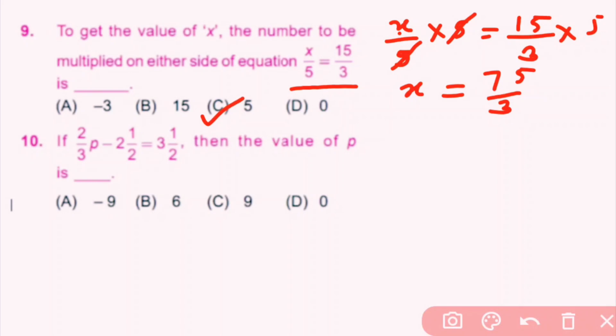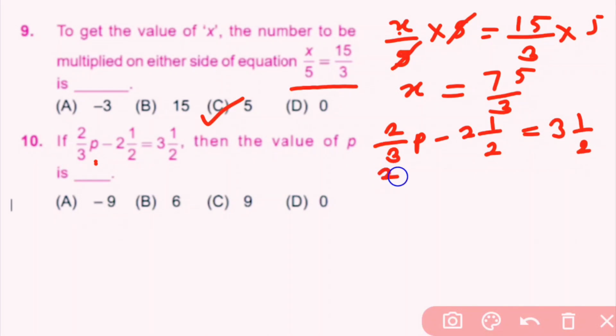Question number 10. If 2 by 3 p minus 2 and a half is equal to 3 and a half, then the value of p is. So here we have to find the value of p. The equation is 2 by 3p minus 2 and a half, and here 3 and a half.